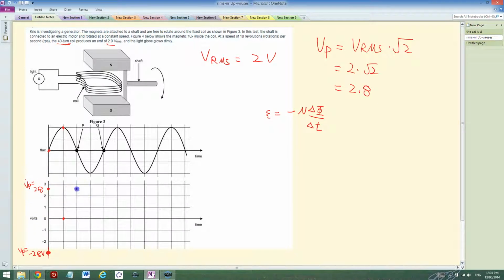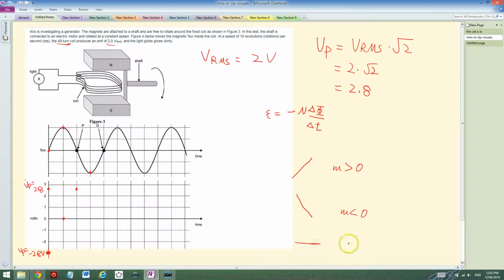So positive here. Just let me make it clear. If the graph goes this direction, the gradient is greater than 0. If the graph goes in that direction, the gradient is less than 0. It's a minus number. Now here the gradient is flat.